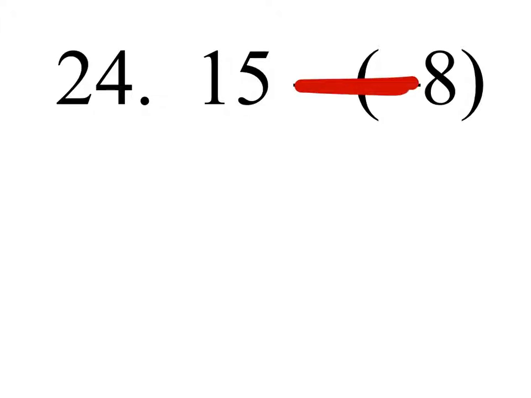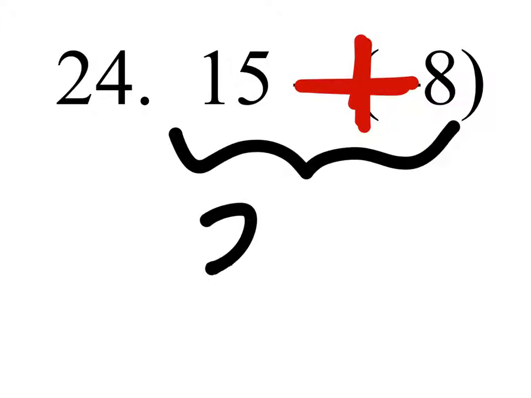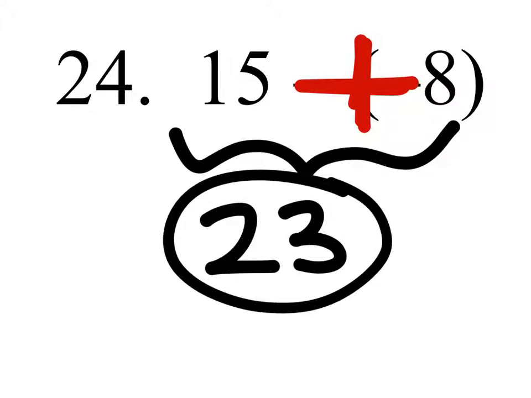We're just going to change it into a big fat plus sign like this. And then I've got 15 plus 8. Well, 15 plus 8 is a lot easier for me to do anyways. So when I combine these two, I get 23. You could use a number line to get that as well. But changing that to a plus may be helpful for you. Because now I've got 15 chips and 8 chips, all positive, bam, 23.